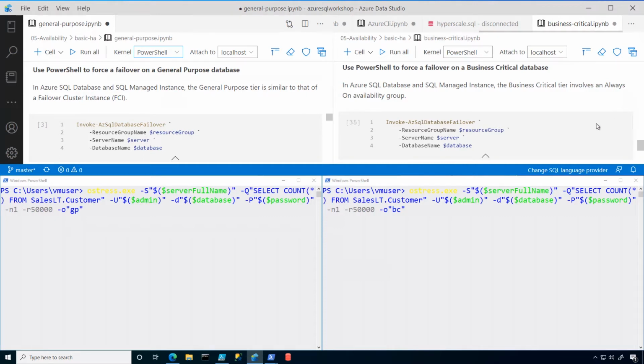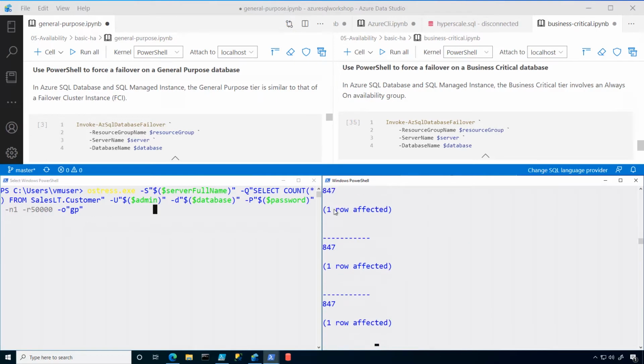The right side is connected to a business critical database, and the left side is connected to a general purpose database. Now on the bottom, I have two more PowerShell windows. The bottom right one is also connected to the business critical database, and the other one is connected to the general purpose database.